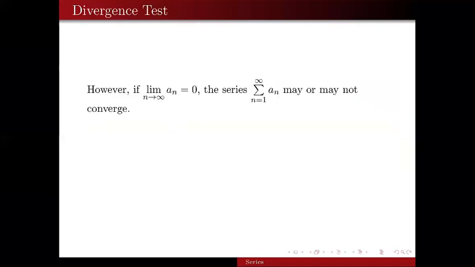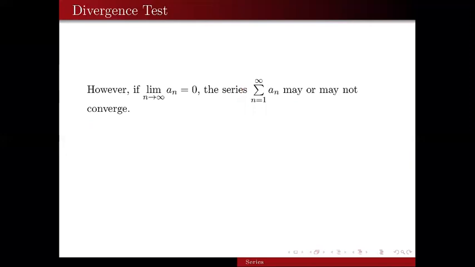If the limit is equal to 0, we don't have any conclusion for the series. So if the limit of the terms is equal to 0, this series here may or may not converge. We don't know.